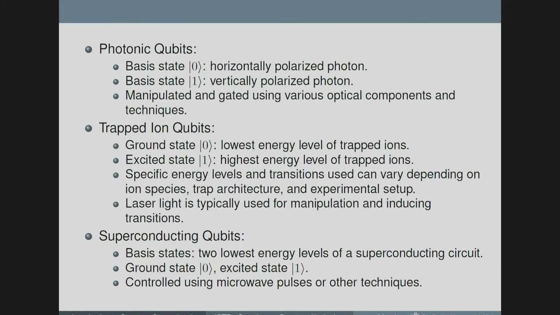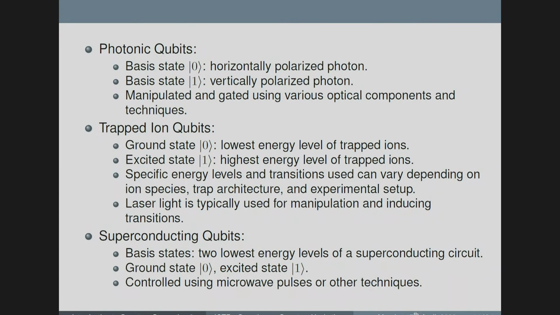Horizontally polarized and vertically polarized, and you manipulate the qubits using photonics devices, filters, for example, rotations and such. If you have trapped ion qubits, then you have some kind of ion, and you think about the different energy levels. So a 0 qubit will be a lower energy level than a 1 qubit of the energy level of the ion. Superconducting, again, has different ways.